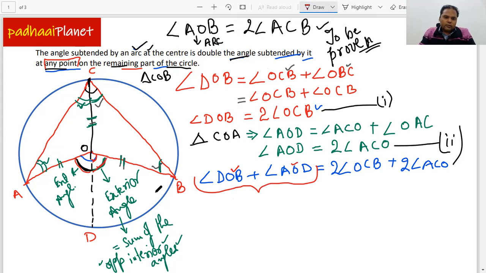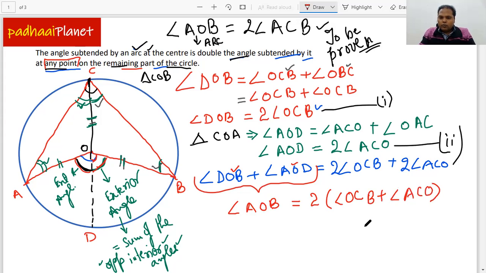This and this. So this we can write as angle AOB. So what we'll write is AOB is equal to, we take the 2 as common from here, and then we can write angle OCB plus angle ACO.